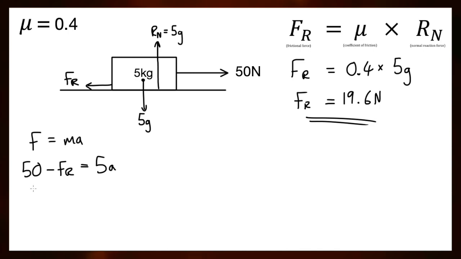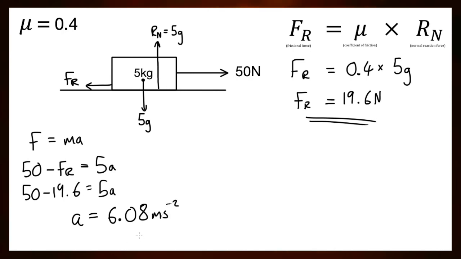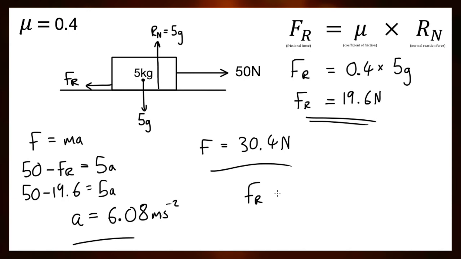So I have 50 minus 19.6, and that gives me an acceleration of 6.08 ms^-2. The resultant force is 30.4. So it's going to move to the right, it's going to accelerate at 6.08 because the frictional force works against the 50. Fr is the maximum.